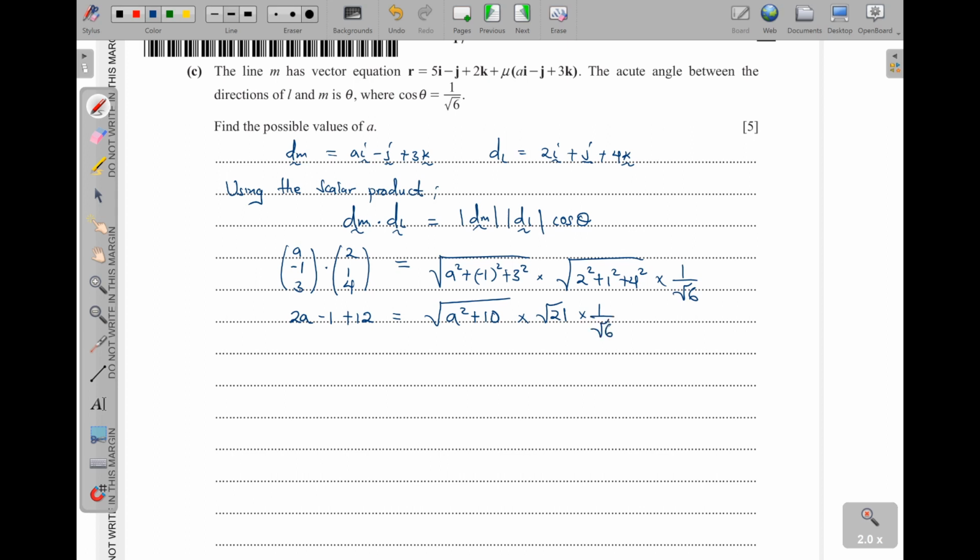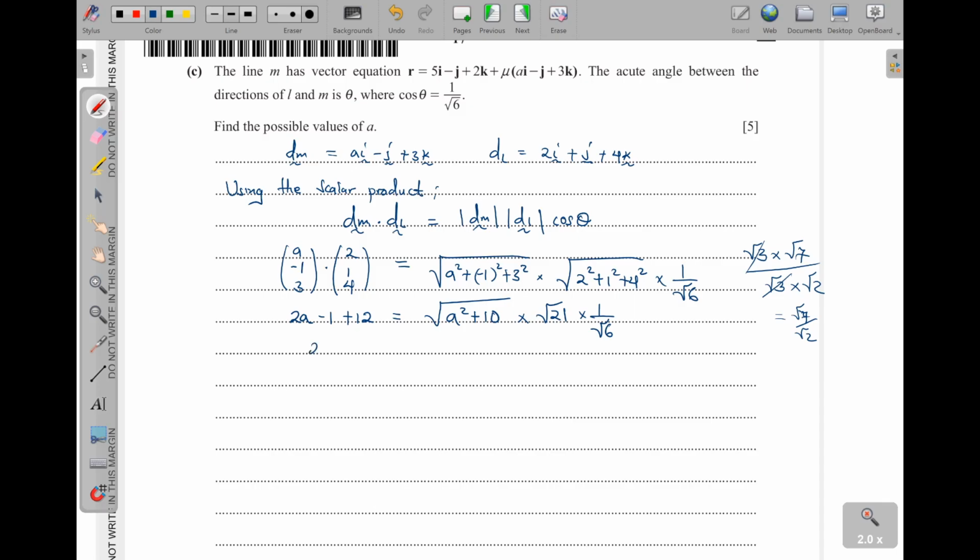And this one, actually, I can simplify. Root of 21 is the same as root of 3 times root of 7. Then when I divide by root of 6, which is the same as root of 3 times root of 2, this one can go. Then I have root of 7 over root of 2.